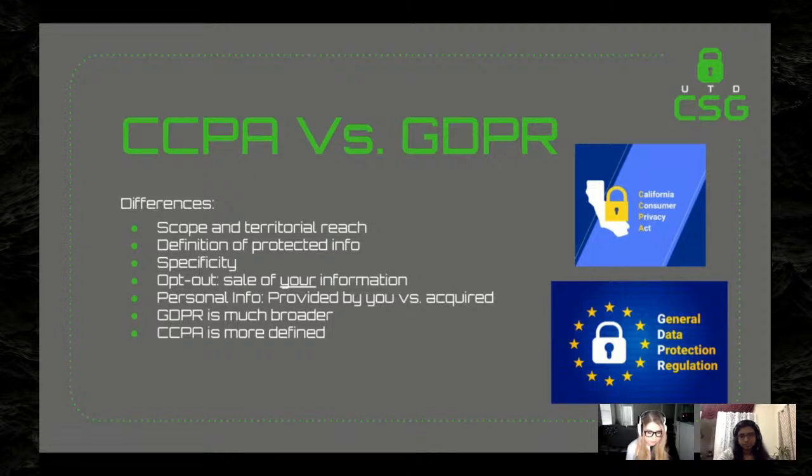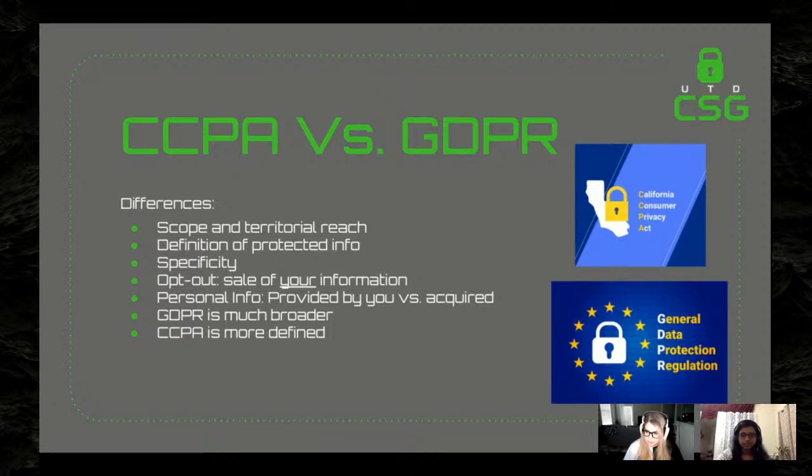The CCPA differs in definition of personal information from the GDPR in the sense that the CCPA only considers data that was provided by a consumer and excludes personal data that was purchased by or acquired through third parties. The GDPR does not make that distinction and covers all personal data regardless of source.